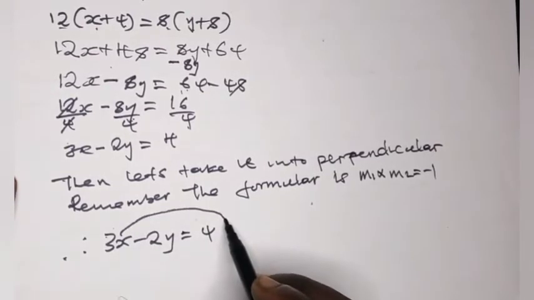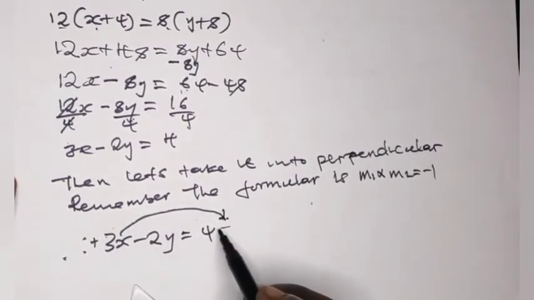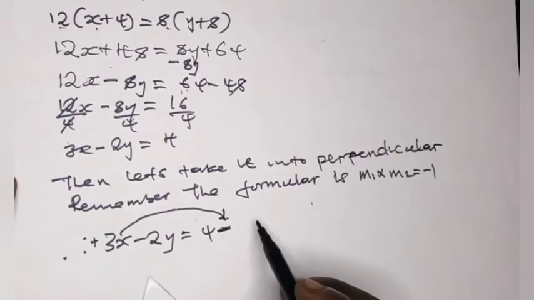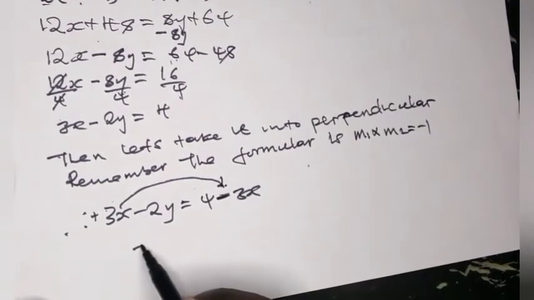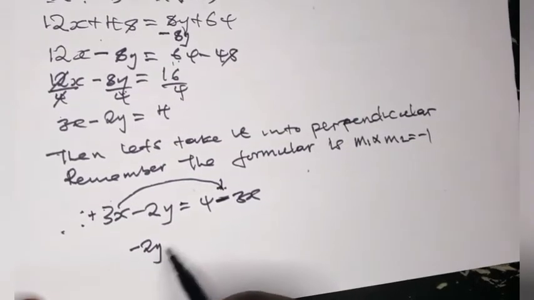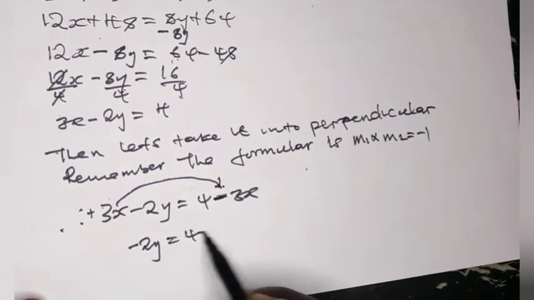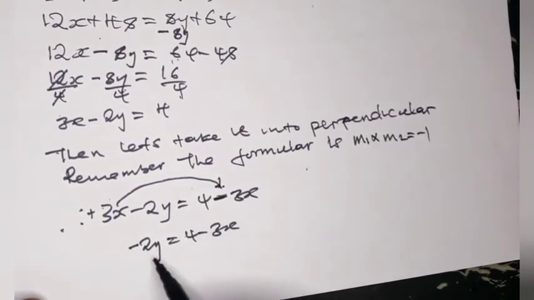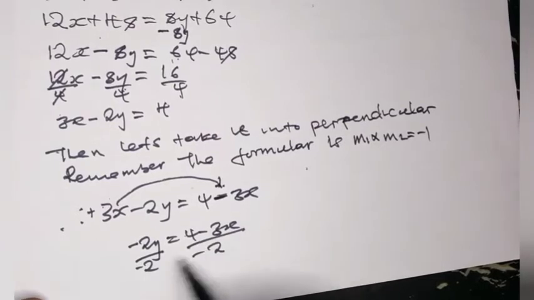So we are going to shift that 3x: here is positive, here it is going to be negative when it jumps the equal sign, which is minus 2y equals 4 minus 3x, divided by minus 2, minus 2.